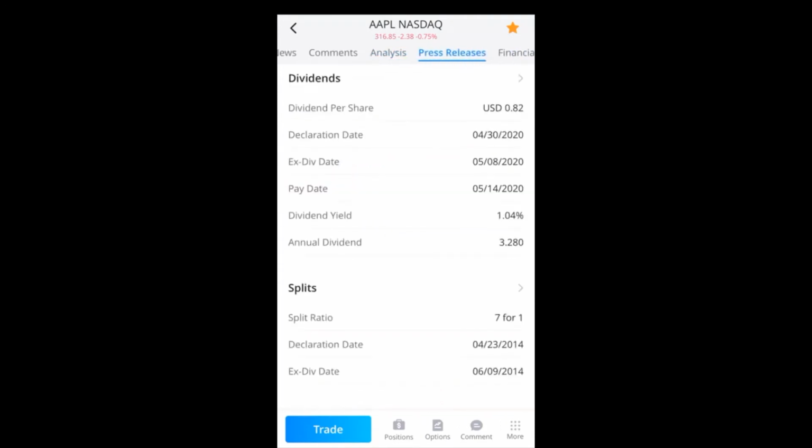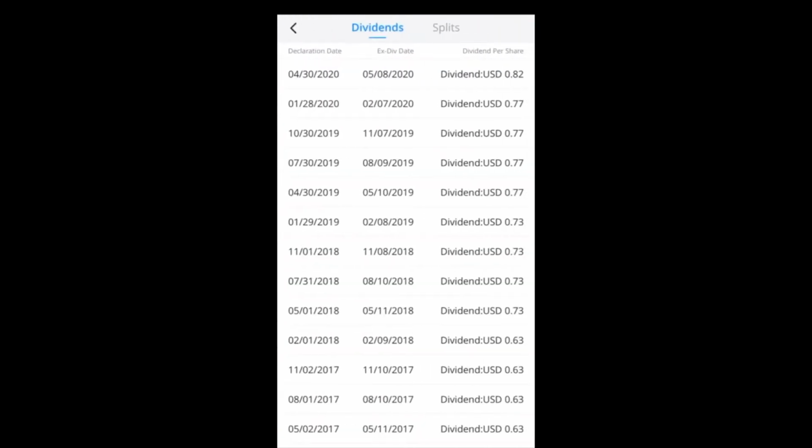Now, press releases are different from the news section because press releases come directly from Apple, versus news, which is anyone talking about Apple. And so you can see dividends. If you click the arrow to the right of dividends, you can see the last time dividends were paid and how much the dividends were per share.